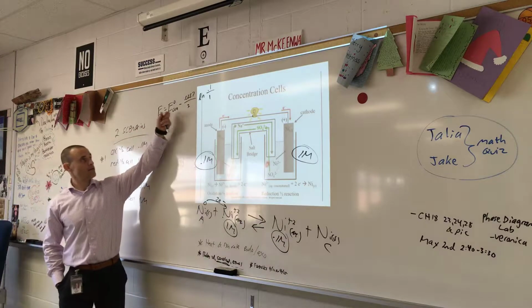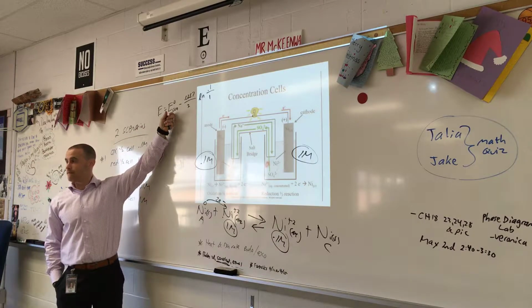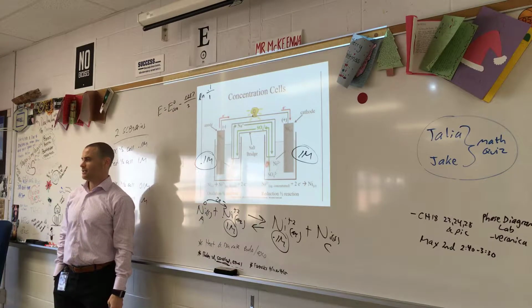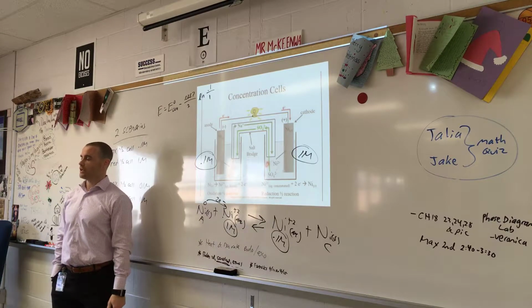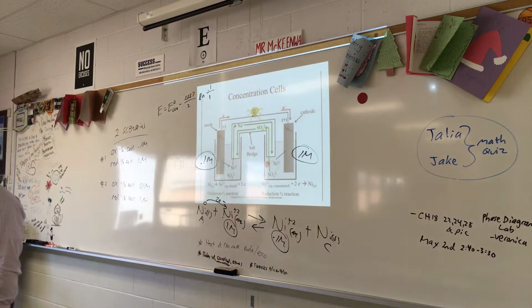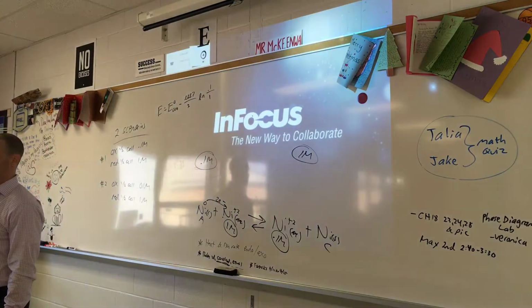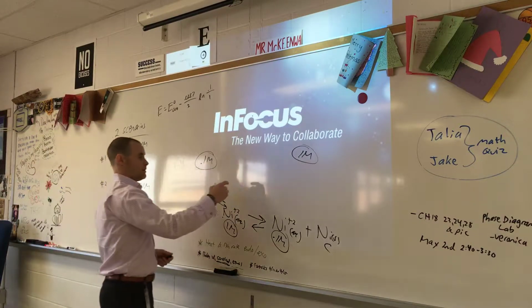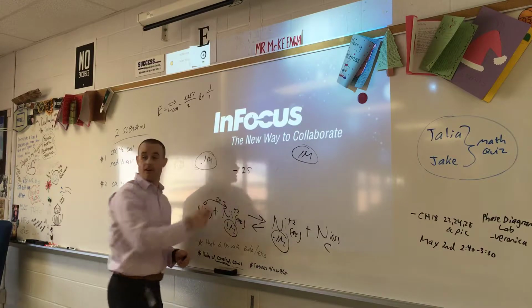How would we figure E cell out for the exact same element? Go to page 823. What is the reduction potential for Ni plus 2 to Ni? Negative 0.25.